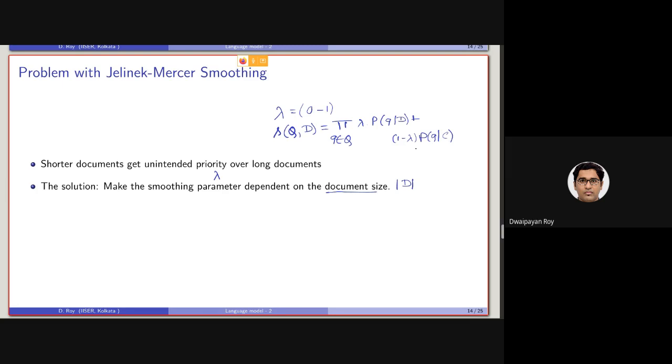So it was giving shorter documents unintended priority, because this is not dependent on the document.